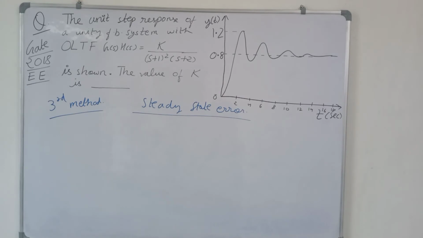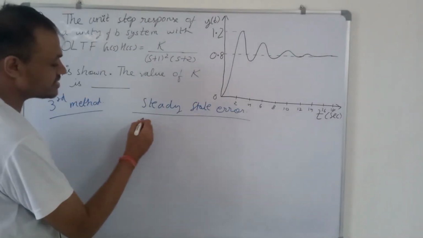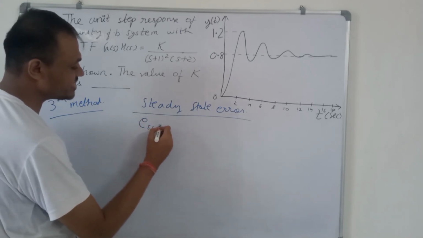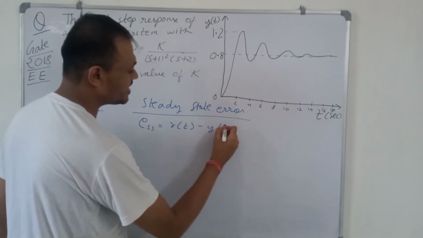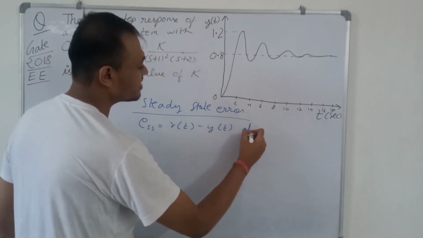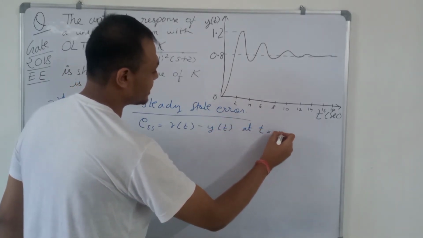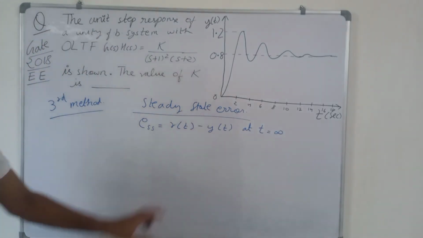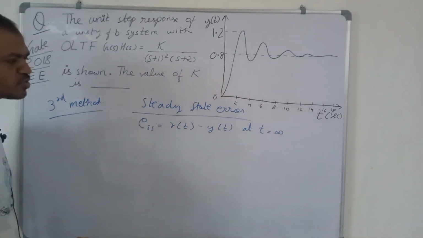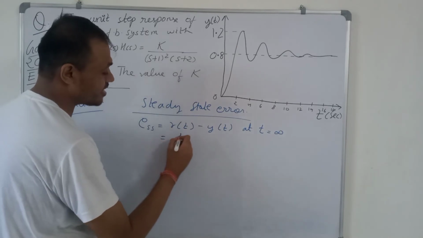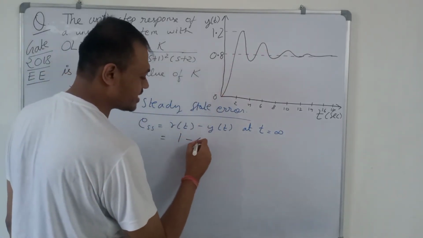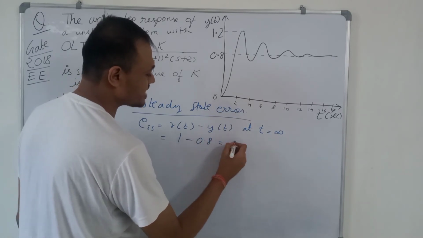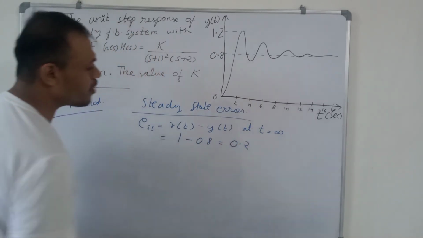So steady state error is given by ess equal to r of t minus y of t at t equal to infinity. r is the input, y is the output. The input is the unit step signal, so its value at t equal to infinity will be 1. y is the output, and the output at t equal to infinity is 0.8. So the steady state error here is equal to 0.2.